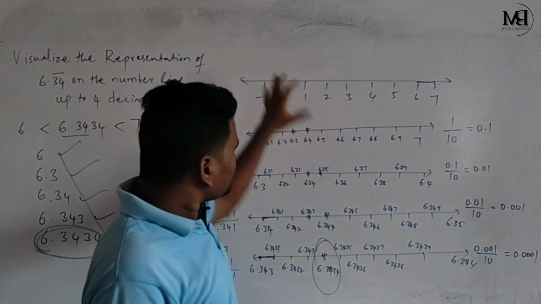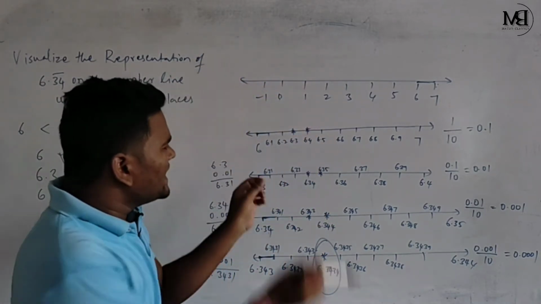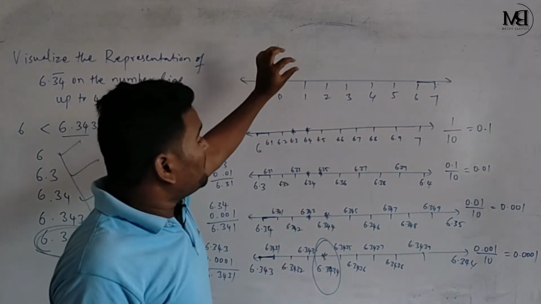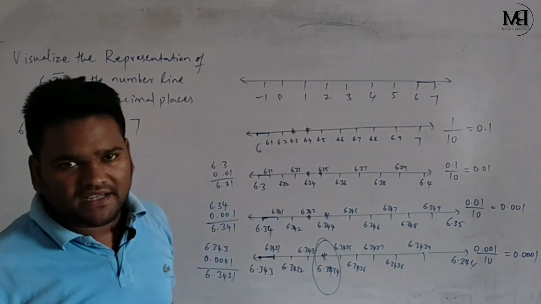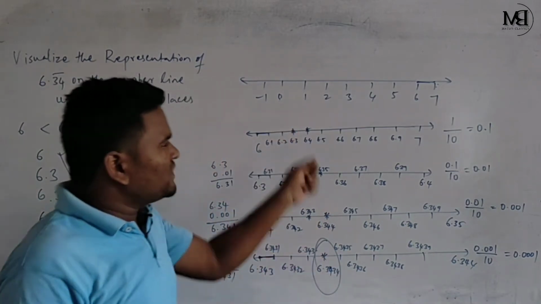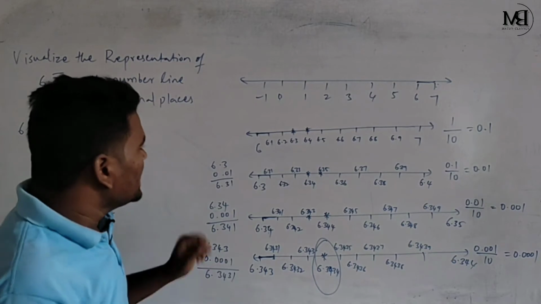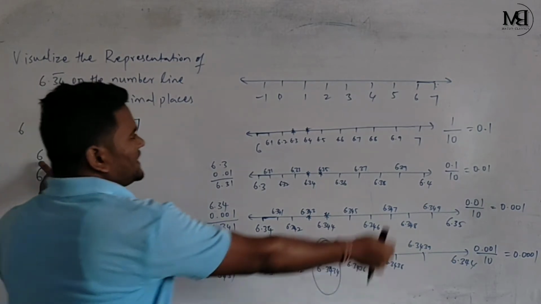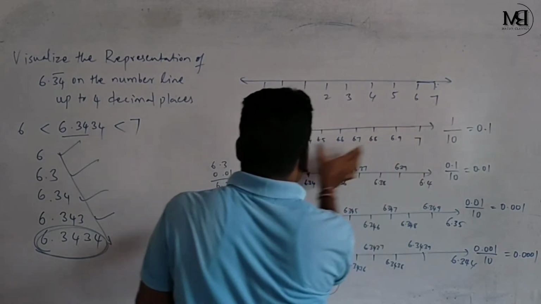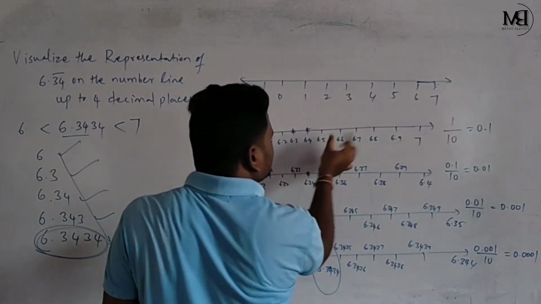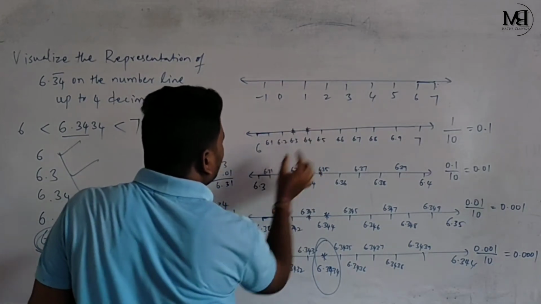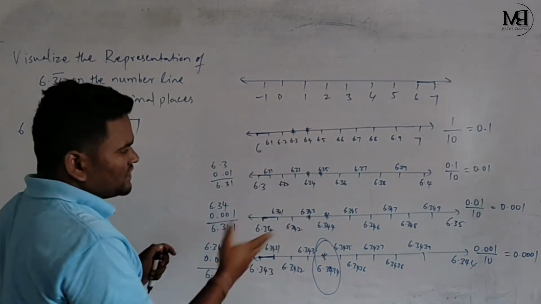And see, children, if you observe this number line, it is just a zooming. Actually it is the process of successive magnification by using a magnifier glass. Firstly I got this 6 location, and if I zoom in, I get 6.1, 6.2, 6.3, and by getting 6.3 and 6.4, by zooming in I am getting this 6.34 something.